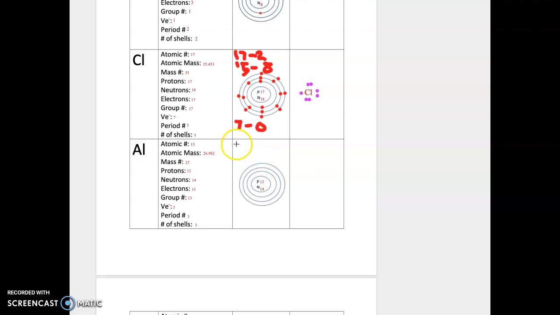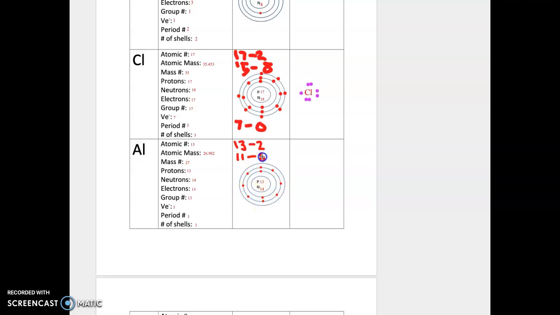So we're starting out with 13 electrons. We can only put 2 in the first row. So we took 2 away. 13 minus 2, we now have 11. Well, we can only put 8 in our next row, which means we're going to have some left over. We go clockwise. 1, 2, 3, 4, 5, 6, 7, 8.